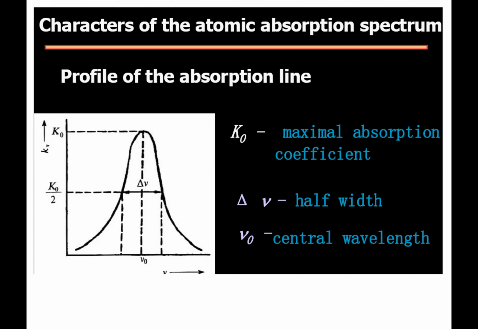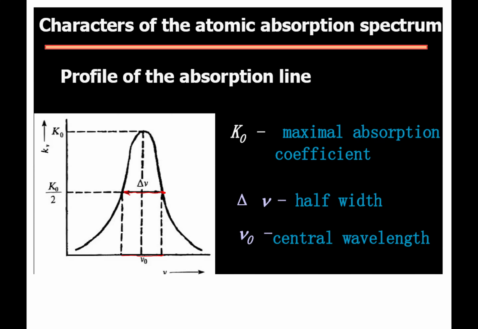And delta nu is the half width, as you can see. The half width is here, delta nu from one end to the other. So this is the one we are talking about here. This is delta nu. Okay. So it is this distance; you can measure it at the bottom here. And then the maximum absorption coefficient.